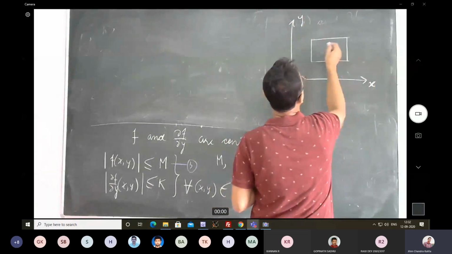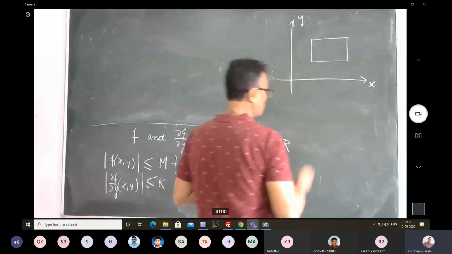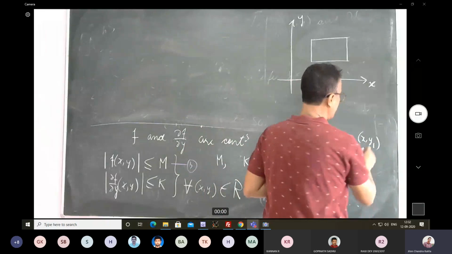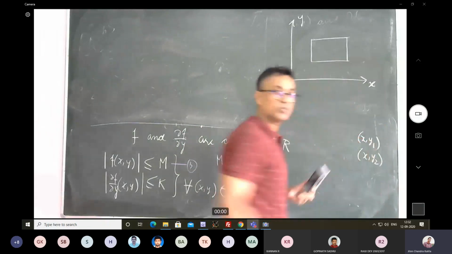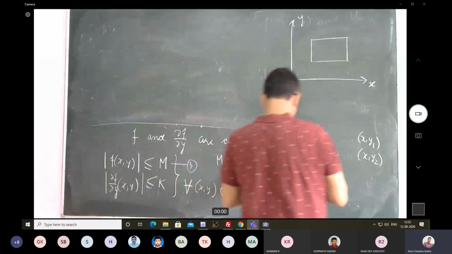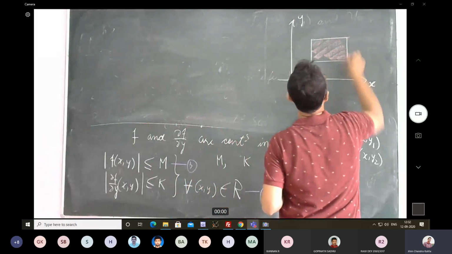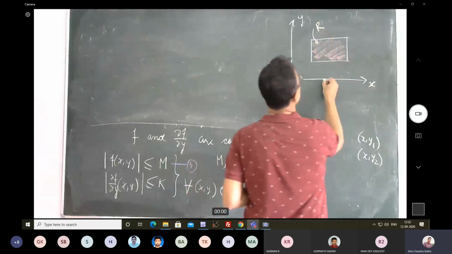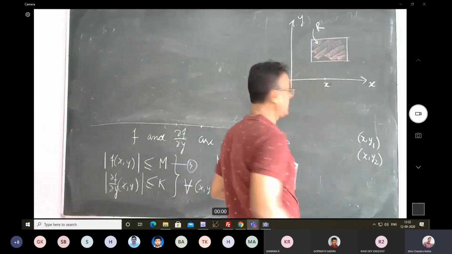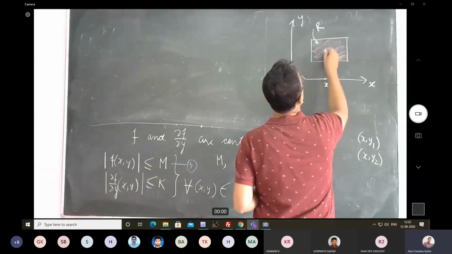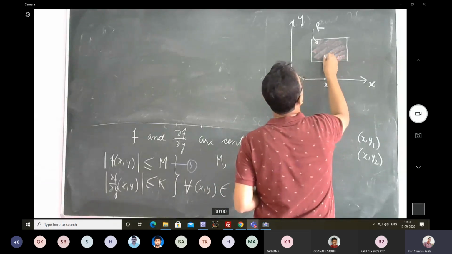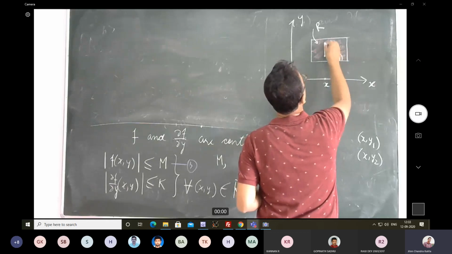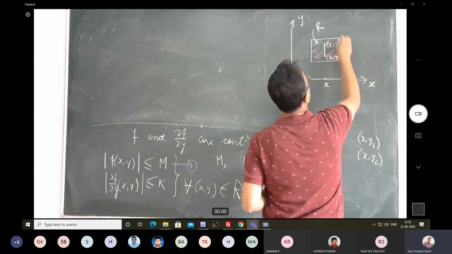Now let us consider 2 points, (x,y1) and (x,y2) in R. Suppose this is R, along this same vertical line. Say this is x, and I am considering 2 points, say this is (x,y1) and this is (x,y2).